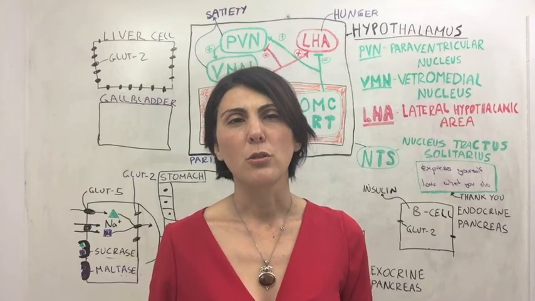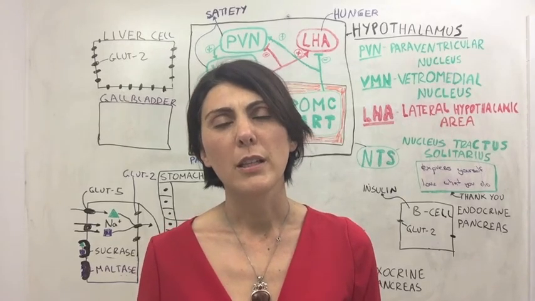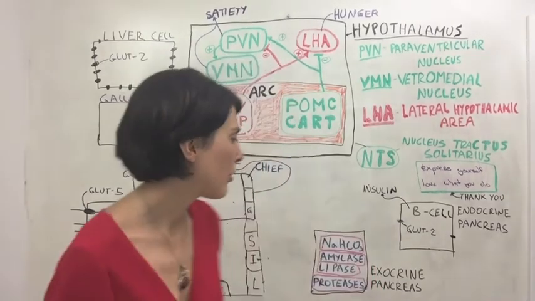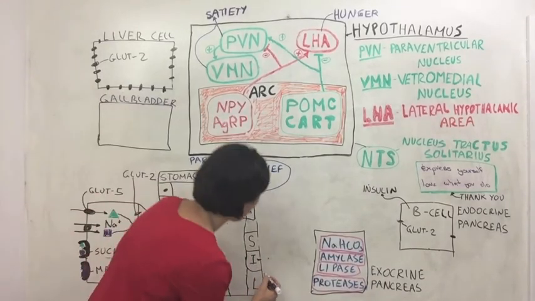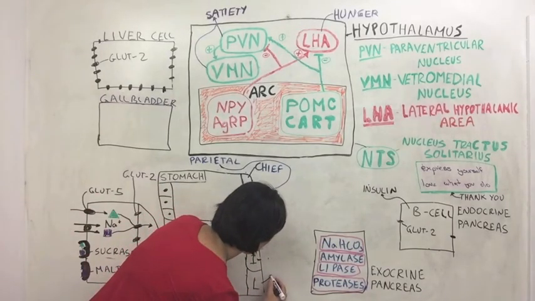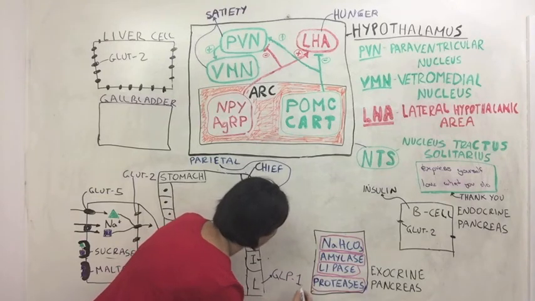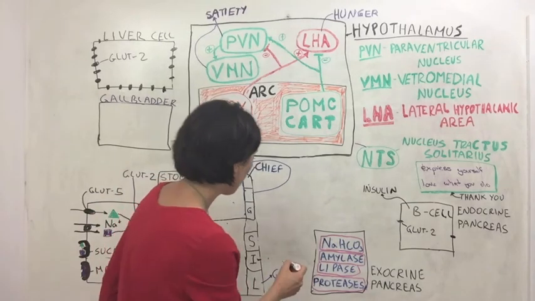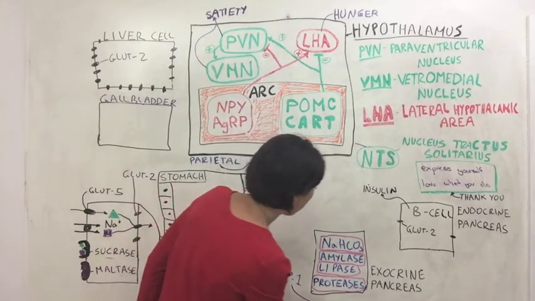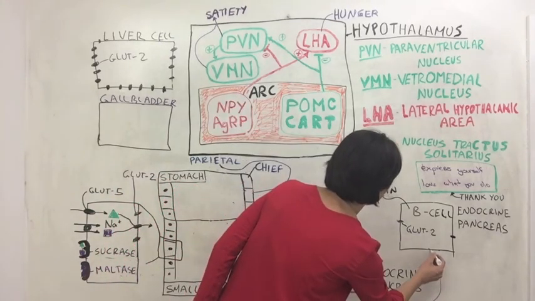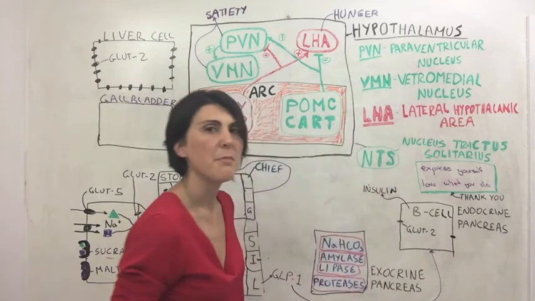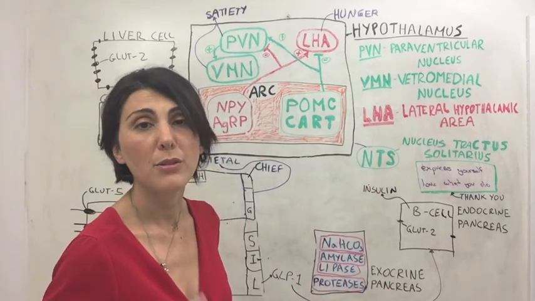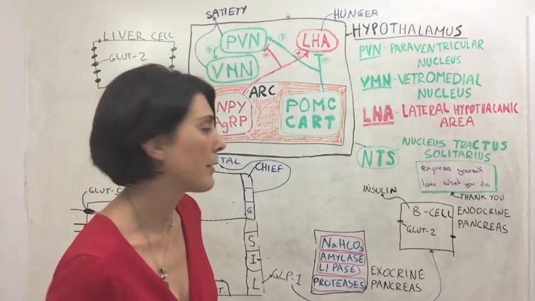Hormones such as glucagon-like peptide 1 will start to be released into the circulation from L cells. Glucagon-like peptide 1 plays a role in the release of insulin in preparation for the absorption of glucose into the blood.